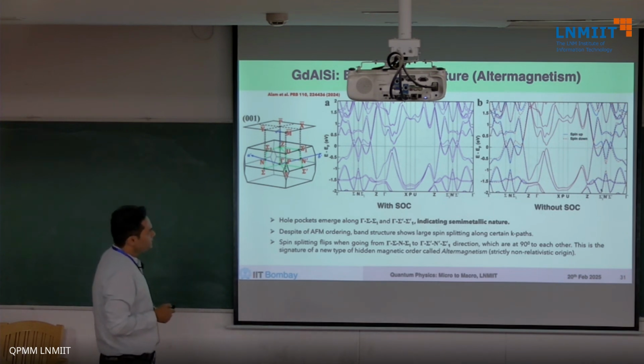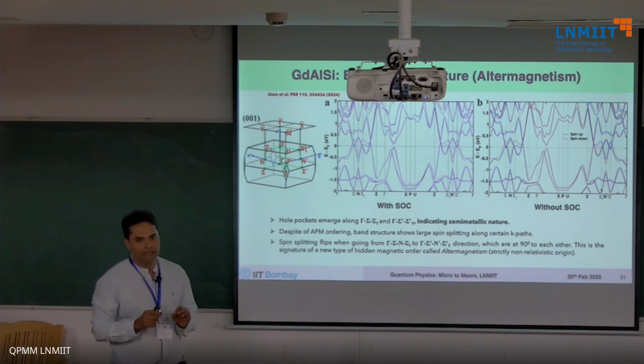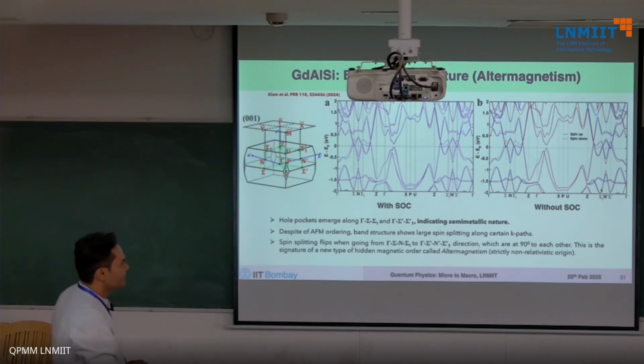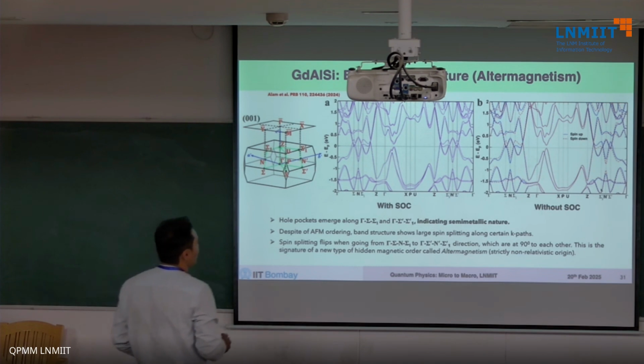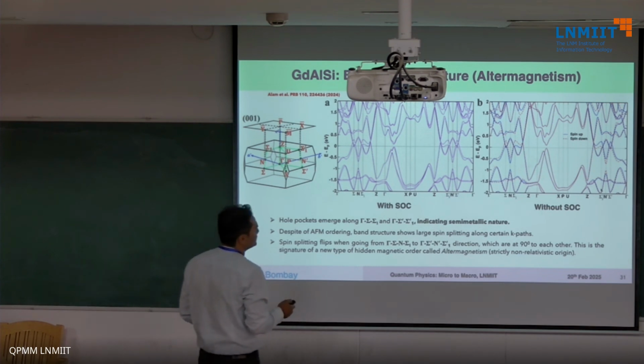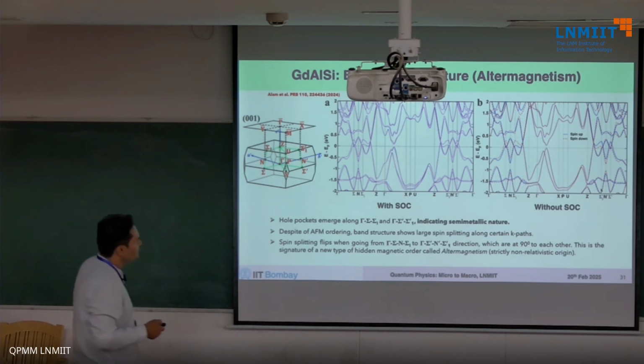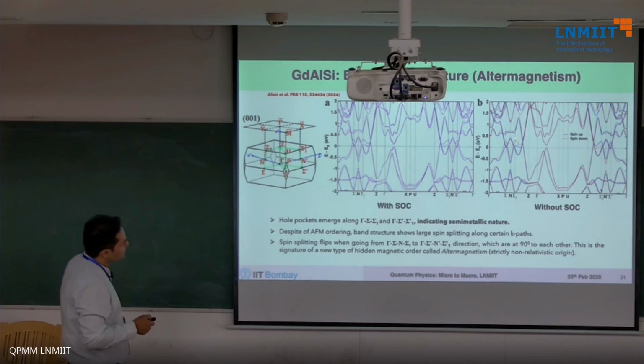You can notice that had this been a conventional antiferromagnet, which means that I don't have this sublattice inequivalency like this, I would not expect the blue and the red lines to be distinct from each other. But you can see that in certain high symmetry direction, certain K path, the blue and the red are indeed different from each other.